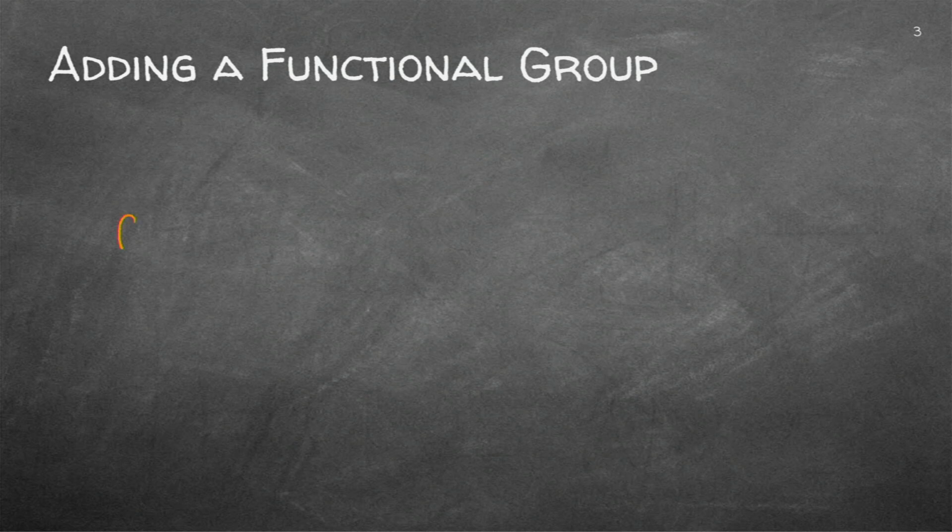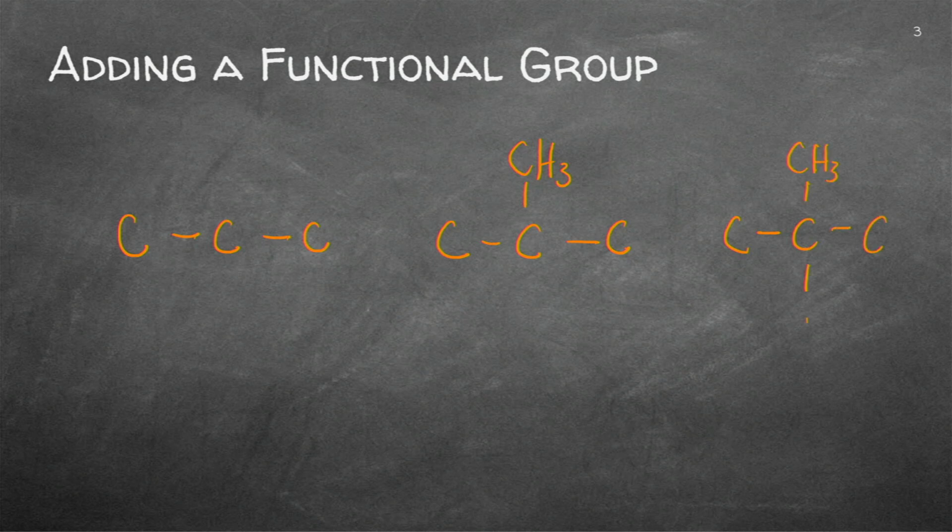So I've got 1, 2, 3 in a chain. I can have 1, 2, 3 and a substituent there. Or I can even have 2 added. Now you can see these are different molecules.